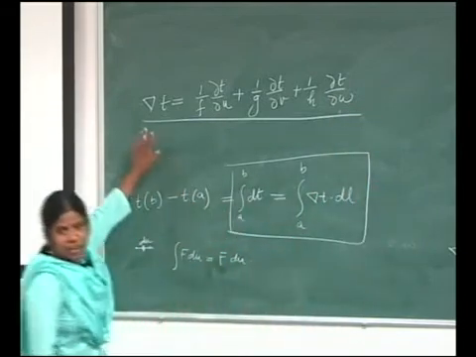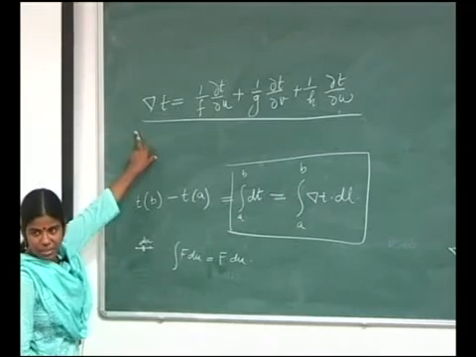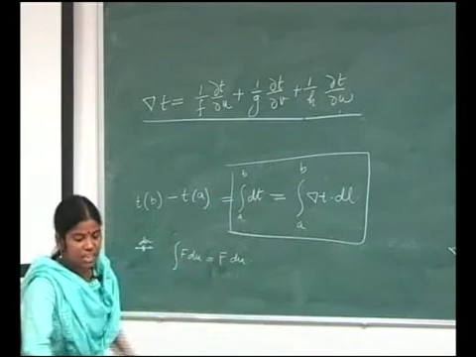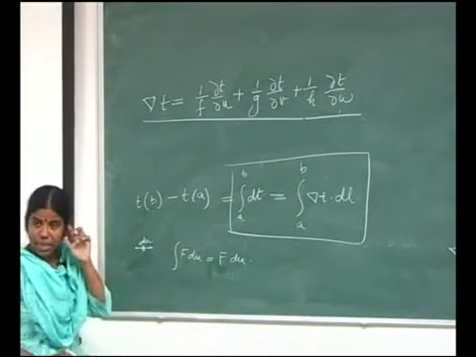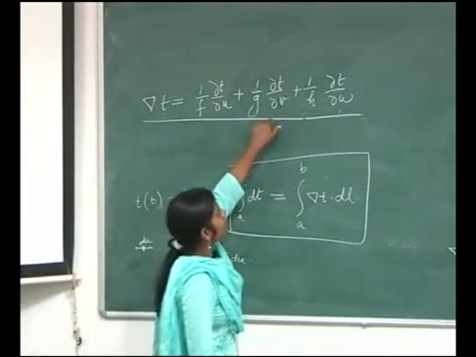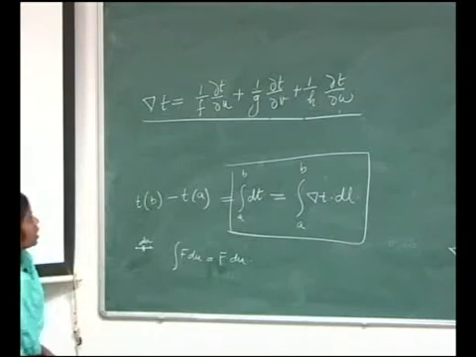This is the gradient. Now if you are in Cartesian, replace it appropriately. F, G, H are 1. So what you get is del t by del x, del t by del y, del t by del z.